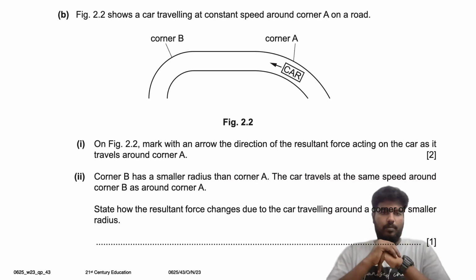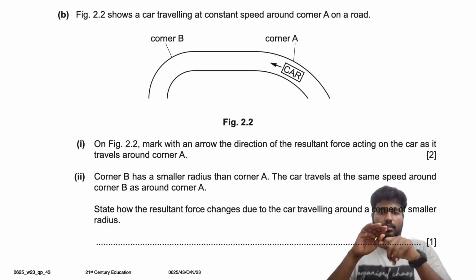Okay, a different topic with the same question. The figure shows a car traveling at a constant speed along corner A on a road. First, on figure 2.2, mark with an arrow the direction of the resultant force acting on the car as it travels around corner A. So it's going in a curved shape.